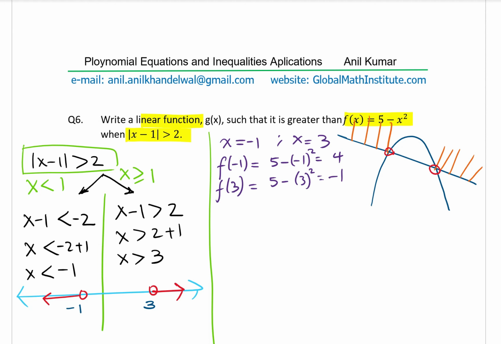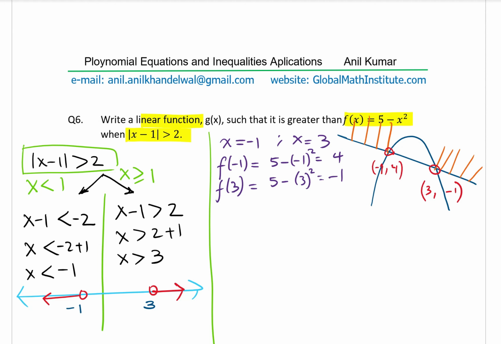So we get our point, which is one coordinate point is the value here. Let's rewrite these values. So the point here is when x value is 3, the y value is minus 1. And in this case, when the x value is minus 1, the y value is 4. So those are the 2 points.